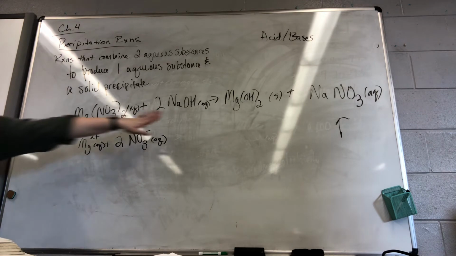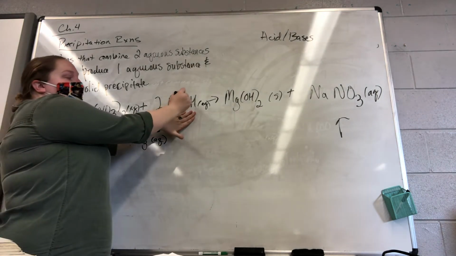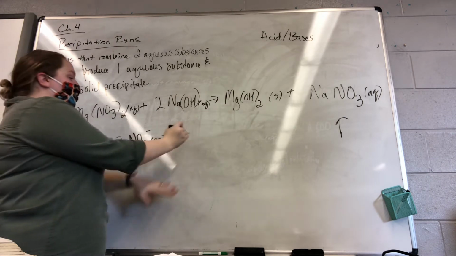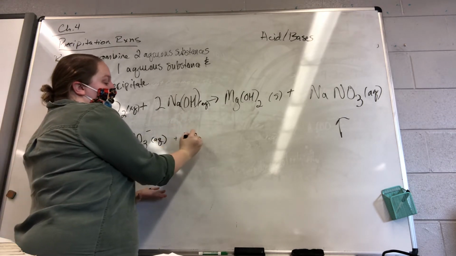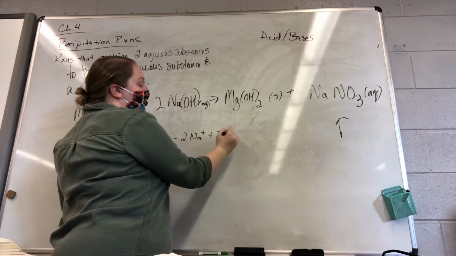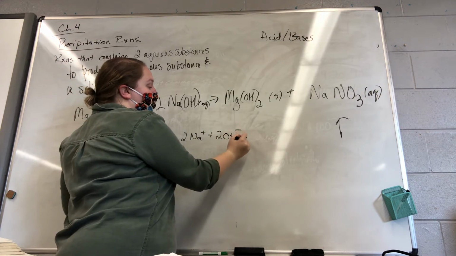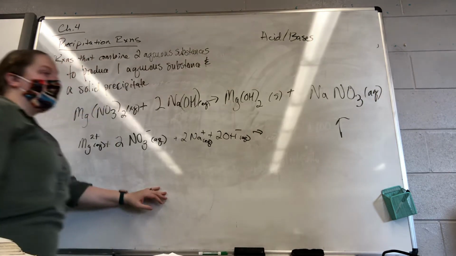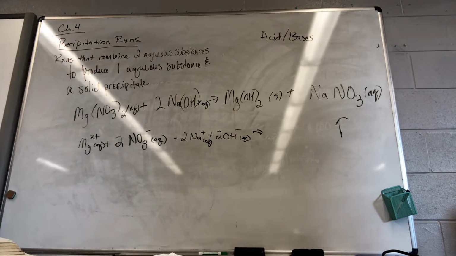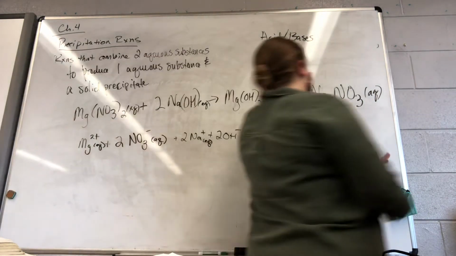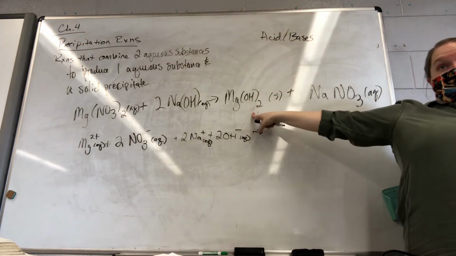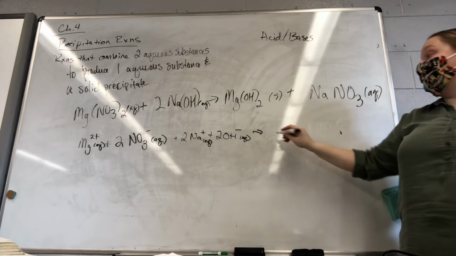We're going to separate the sodium hydroxide. Do we separate the O and the H? Heck no. That's a polyatomic ion. Let's keep it together. Again, are they all aqueous? Don't forget that. All right, now we're on the right side. We separate this guy? No, it's a solid. We do not separate the solids.